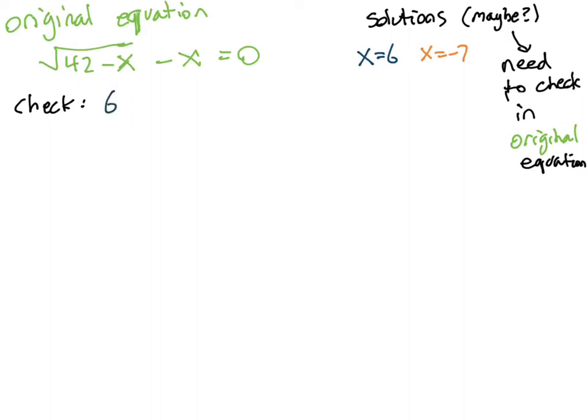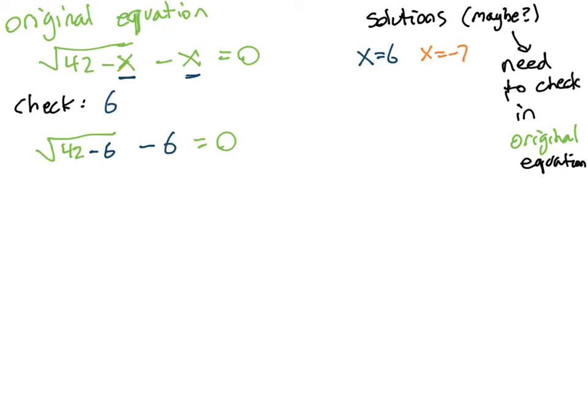Let's check positive 6 first. So we'll keep the original radical equation as it was written, except replace anywhere that we see x with positive 6. So instead of 42 minus x, we have 42 minus 6. And instead of minus x outside of our radical, we have minus 6. And we want to check that this really does equal 0.